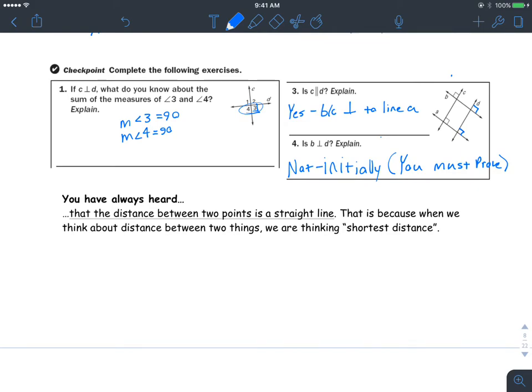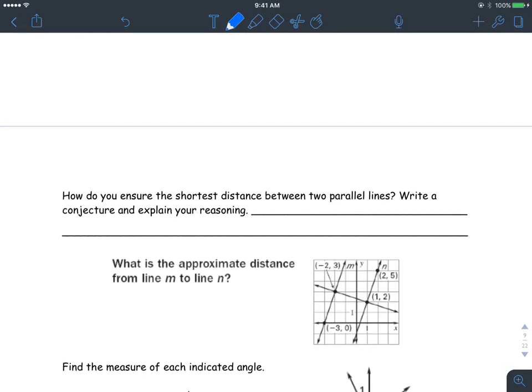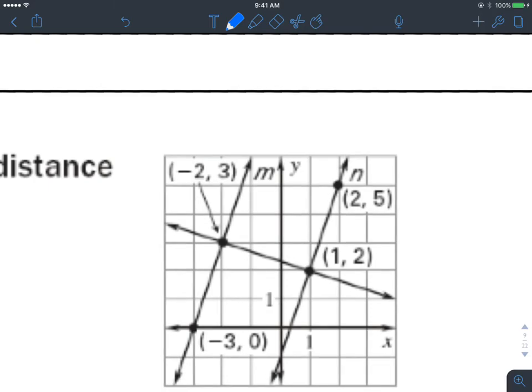Okay, this next thing here: the distance between two points is a straight line. That is because when we think about distance between two things, we're talking about the shortest distance possible. How do you ensure the shortest distance between two parallel lines? Write a conjecture and explain your reasoning. If you have two parallel lines, here's an example right here. There are many different ways you can think about your distance here.